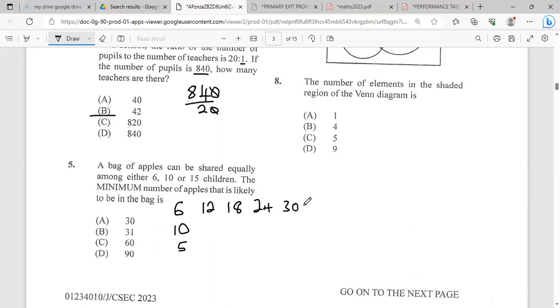All right, so after a while, you can stop and do the same thing with 10, and then 5, 10, 15, 20, 25, 30. So basically, the first number that is common to all three is 30. So we just say B. All right, so let's move on to number 6.